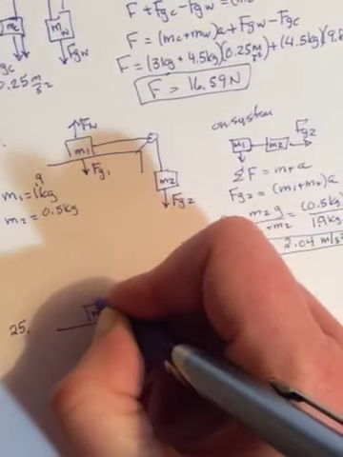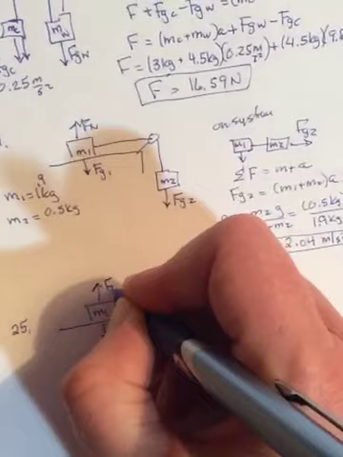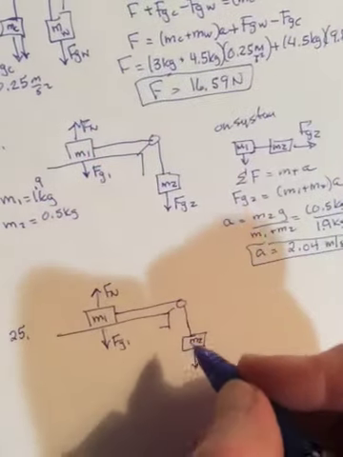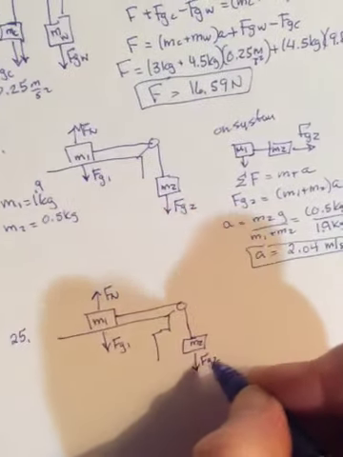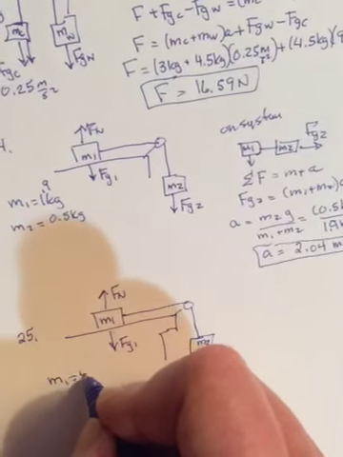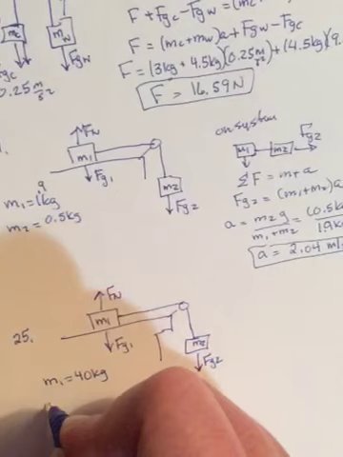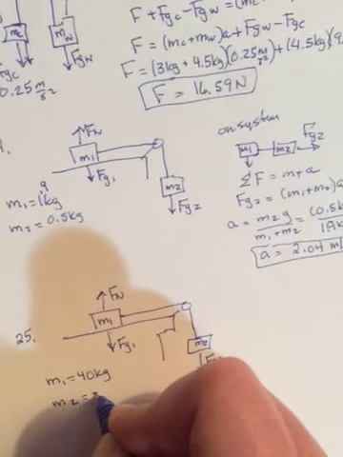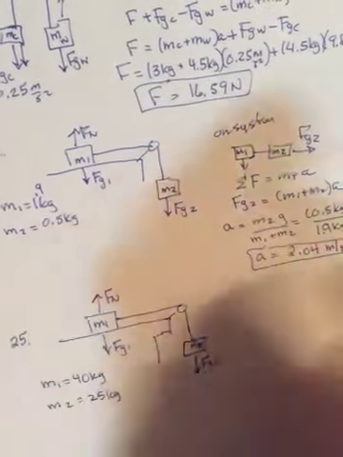Okay, so Fg1, again, isn't going to affect the motion. The only thing that's going to affect the motion is M2. So M1 is 40 kilograms. M2 is 25 kilograms.